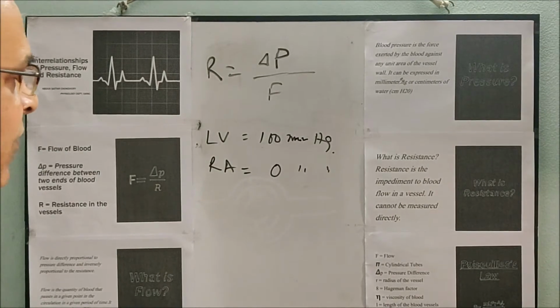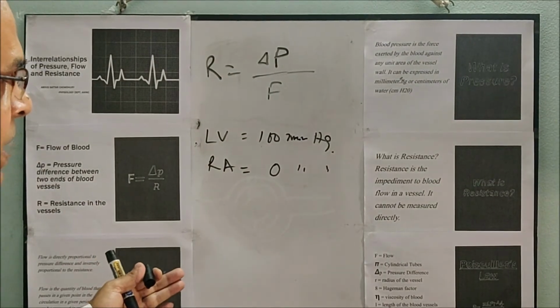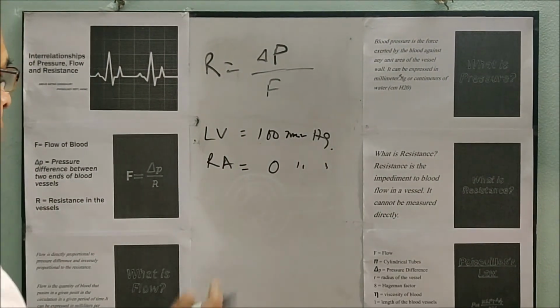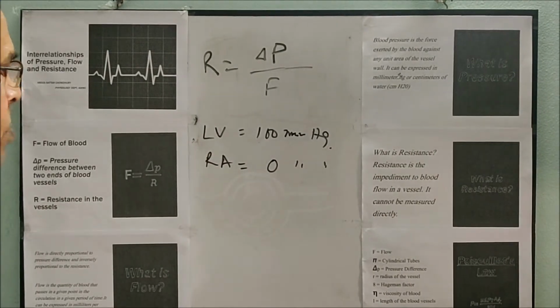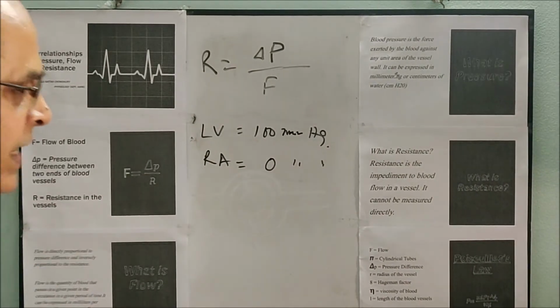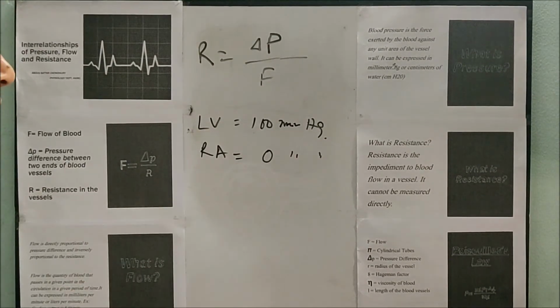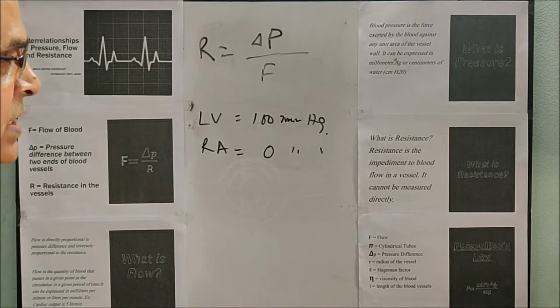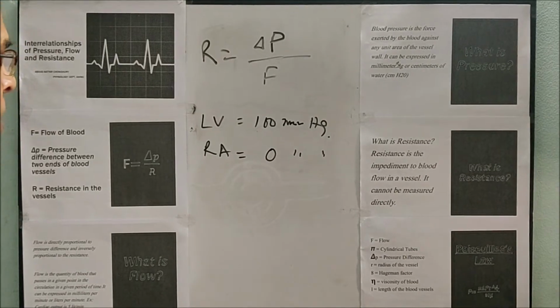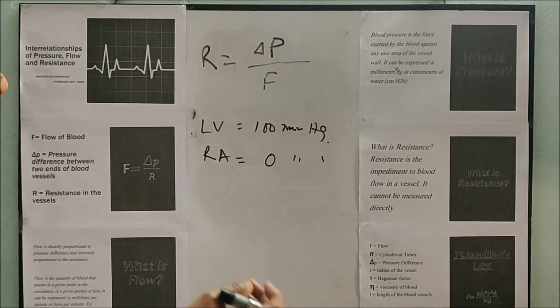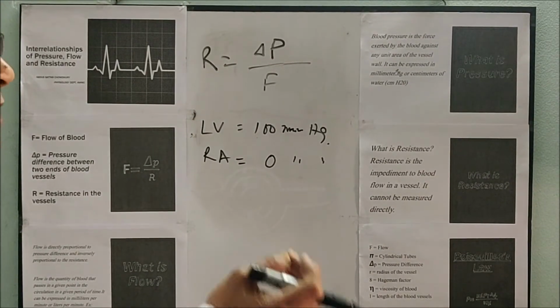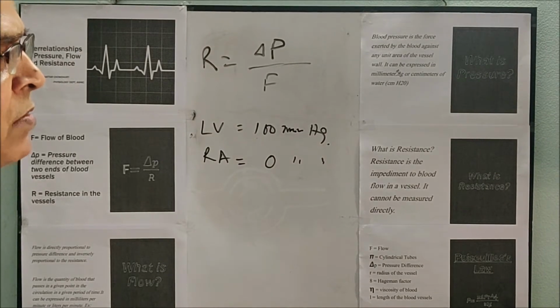How much is the pressure difference? It is 100 millimeter of mercury. Now come to the flow. We know the cardiac output is 5 liter per minute, but if you increase the cardiac output to 6 liter, or 6000 milliliter per minute, then every second 100 ml of blood will flow.